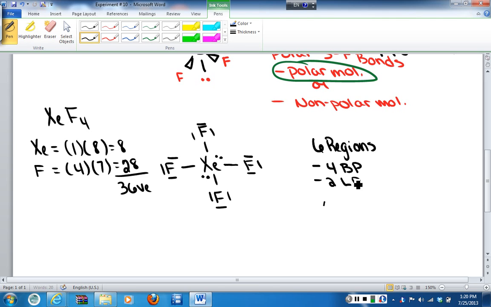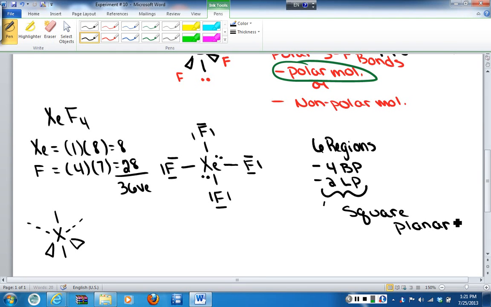Now, when we draw the general structure, remember we're going to have our central atom, 2 in plane, 2 behind, and 2 in front. With this combination, we know that we're going to have a molecular shape of square planar.